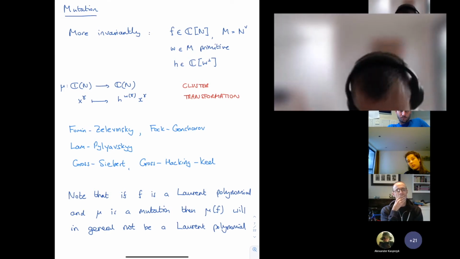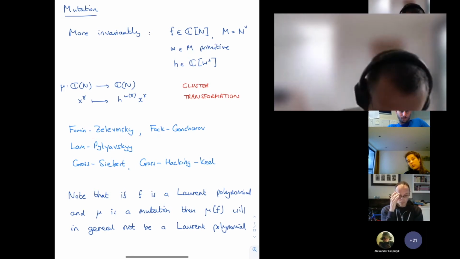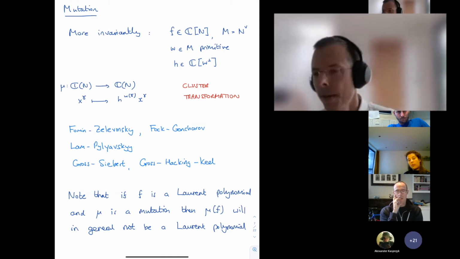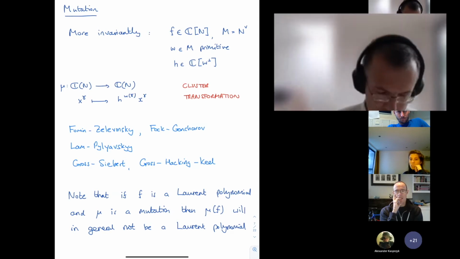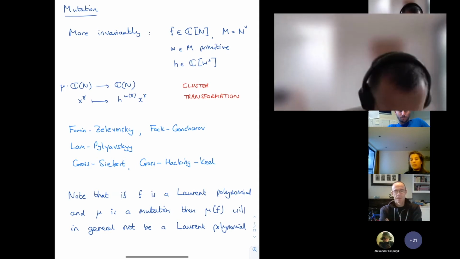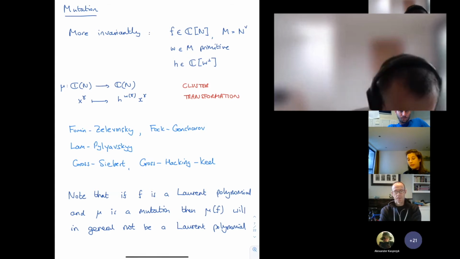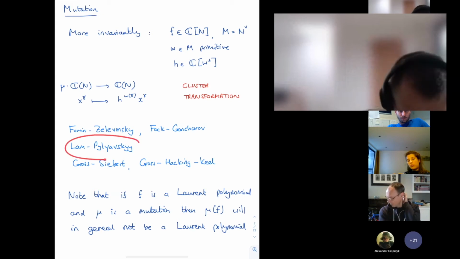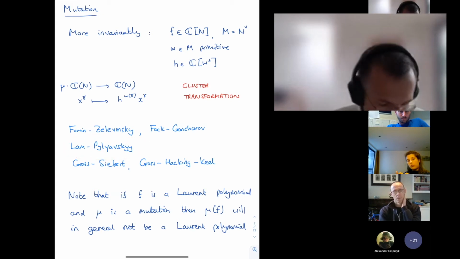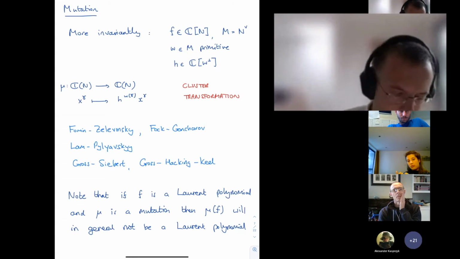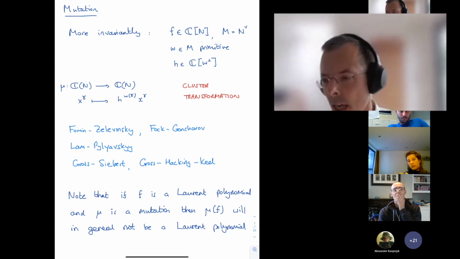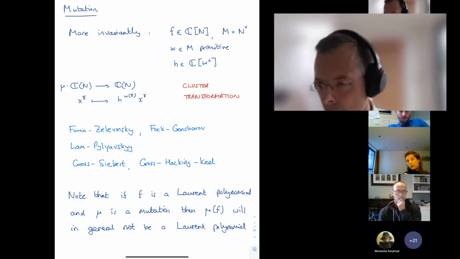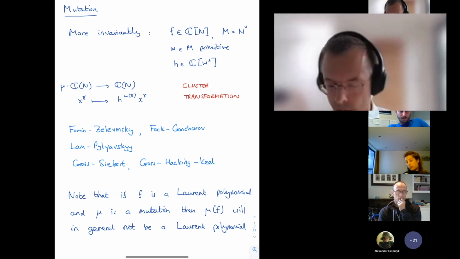So if this Laurent polynomial is a binomial, then these really are the cluster transformations turning up in work of Fomin and Zelevinsky and Fock and Goncharov. More generally, they're what are called LP algebras, or Laurent phenomenon transformations, studied by Lam and Pylyavskyy. And in the context of mirror symmetry, these are exactly the wall-crossing transformations that come up in the work of Gross and Siebert and Gross, Hacking, and Keel.